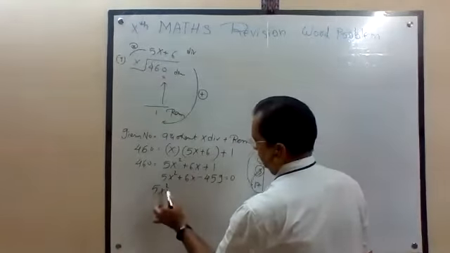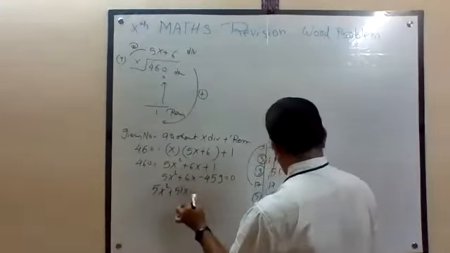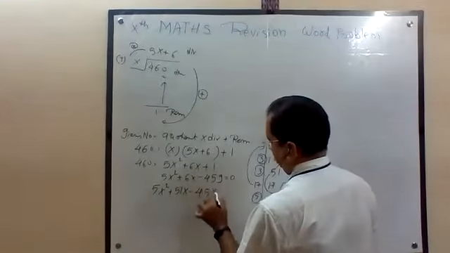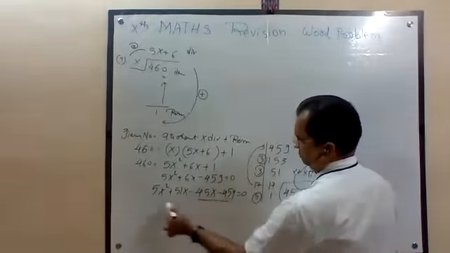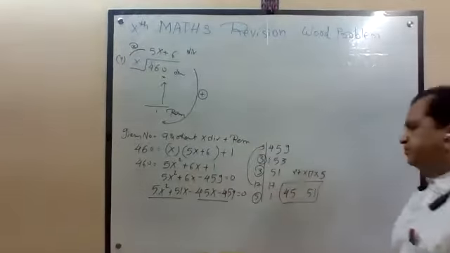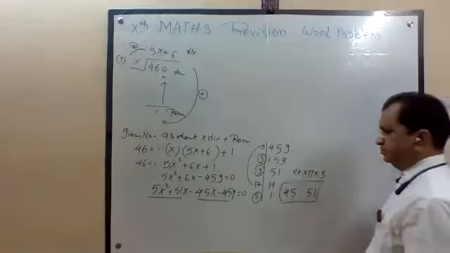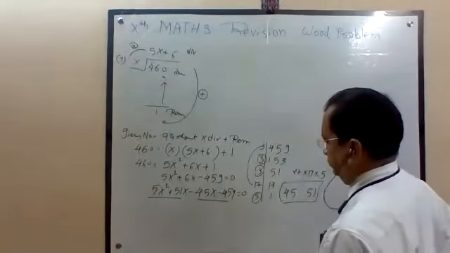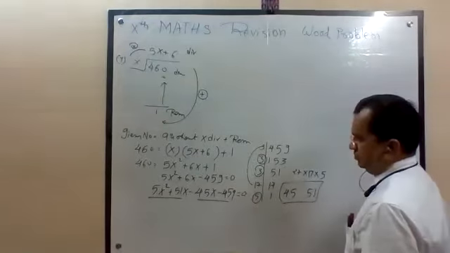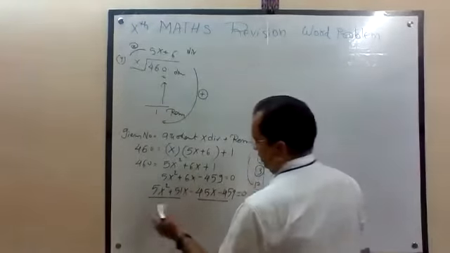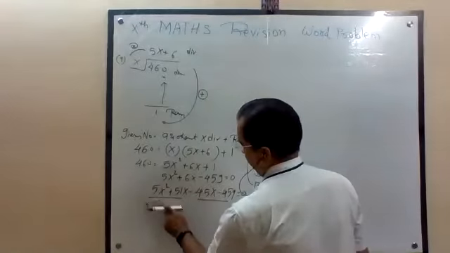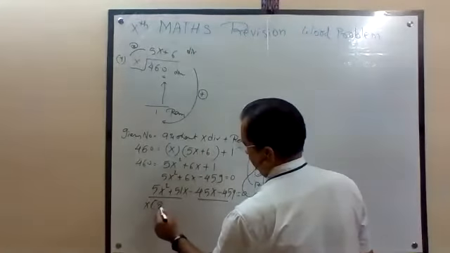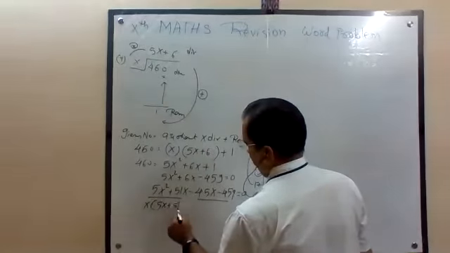So 5x square plus 51x minus 45x minus 459 is equal to 0. What will be common? Nothing is common, only x is common. x into 5x plus 51.